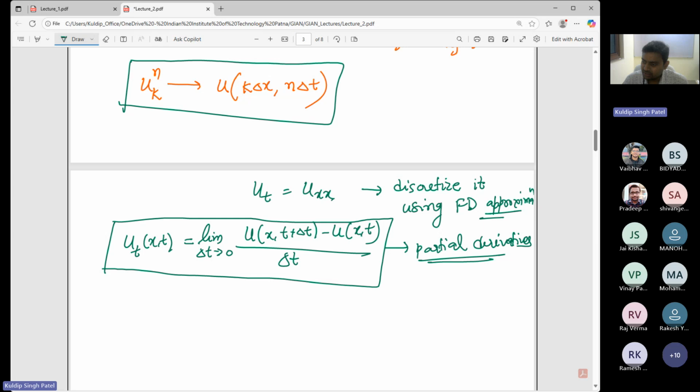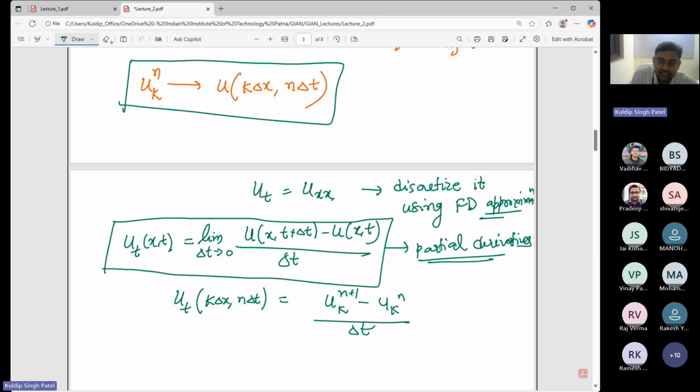Those who cannot can look at any class 12 book. So ut you can define from this, and if you expand u by Taylor series expansion, you can obtain that ut at any k delta x and n delta t you can write as u n plus 1 k minus u k n upon delta t.